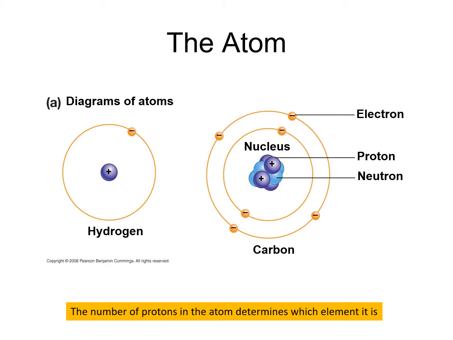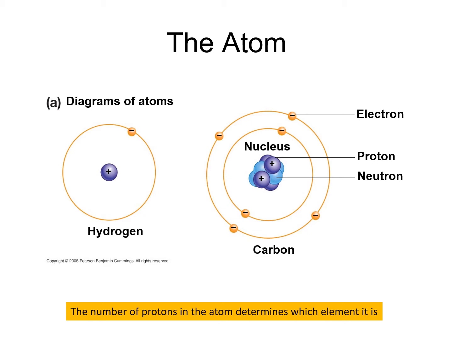So with hydrogen, typically, we've got a proton and an electron orbiting it. There's not usually a neutron, and that's kind of unusual. There are some forms of hydrogen that do have neutrons. So if we have a proton and a neutron and an electron, that's something known as deuterium.